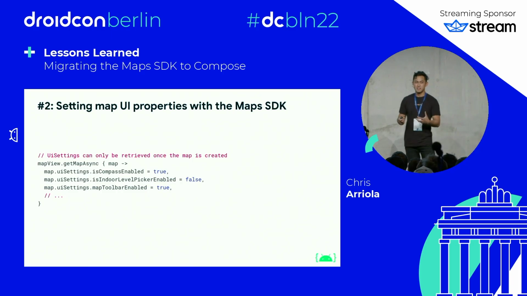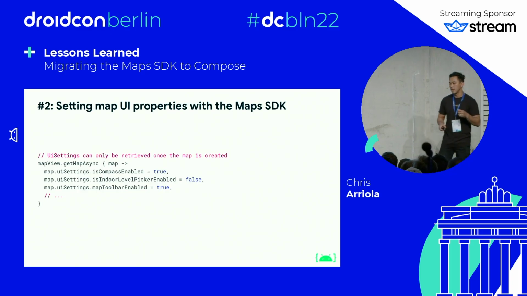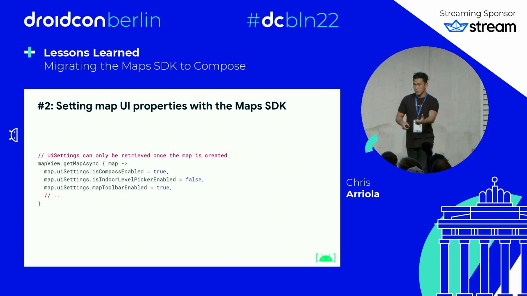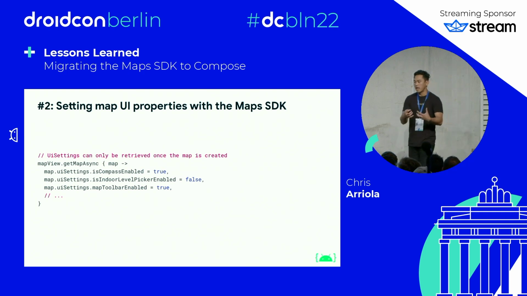There were some instances when reuse wasn't possible. So there's this class called UI settings in the Maps SDK that controls different UI settings on the map, like if the compass is enabled, if the toolbar is enabled. And you can't actually construct an instance of UI settings. You can only obtain it when the map has been inflated, and once you obtain a handle to the Google Map.